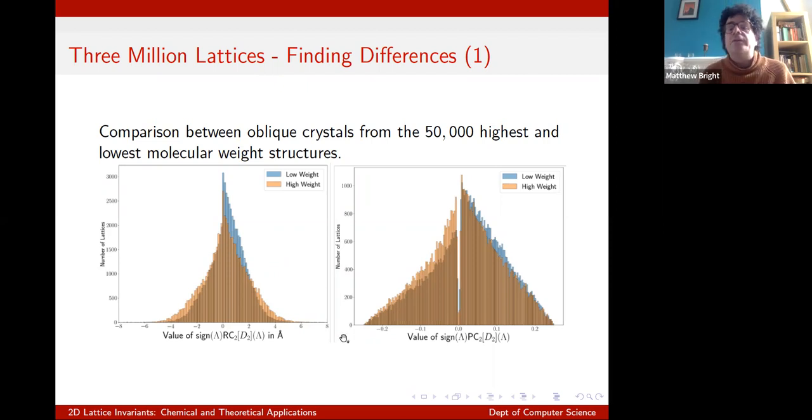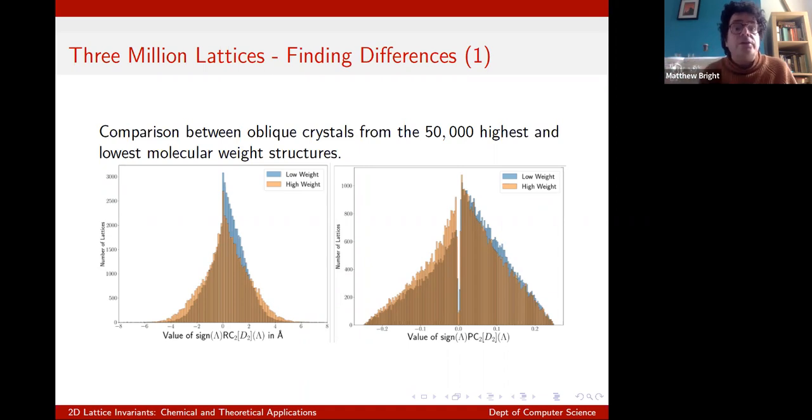If you looked at this in a discrete way, you'd see that lighter crystals tend to be more likely to have higher symmetry two-dimensional lattices than heavier crystals.